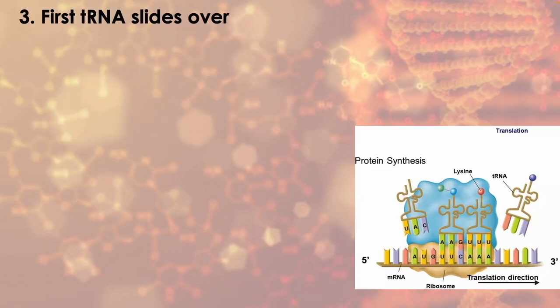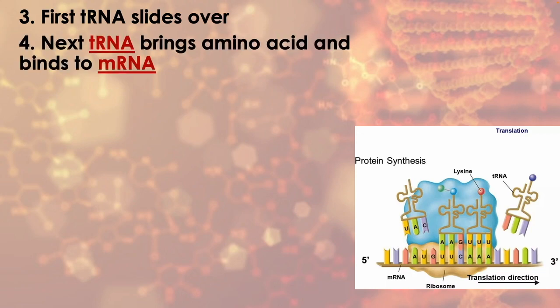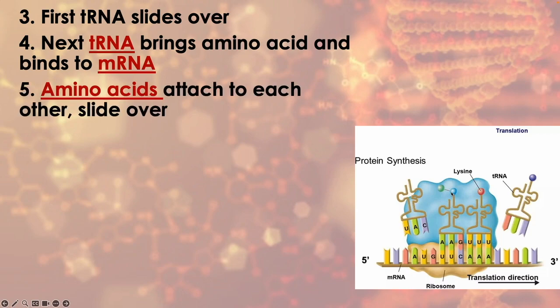So the first tRNA, once it's bound in there, slides over with its mRNA. And then the next tRNA brings the correct amino acid, and it binds to the mRNA. The 2 amino acids, as you can see in the picture here, hook up together, and it just keeps doing this process. The amino acids attach to each other, slide over.